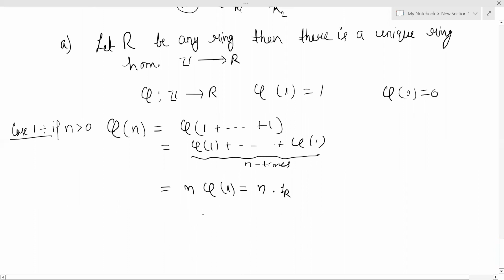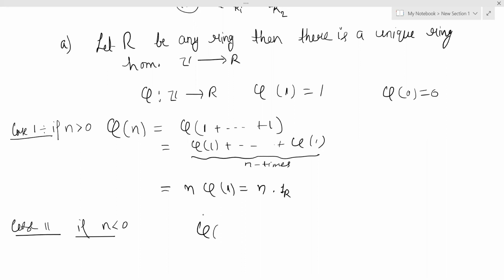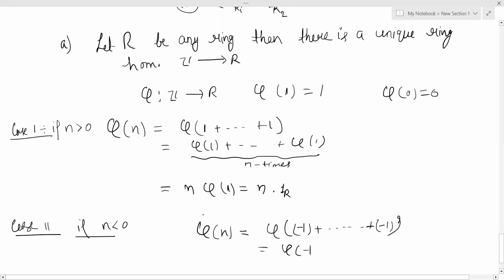So what about if n is less than 0? Phi of -1 plus -1, n times, equals phi of -1 plus and so on plus phi of -1, which equals n times phi of -1.